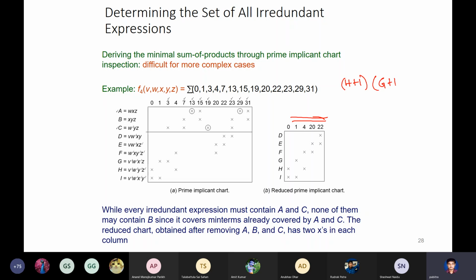G plus I. Column 4, F plus H. Column 20, E plus F. Column 22, D plus E. Can you tell me why I am connecting them by a product? Why am I producting them? Because all the min terms have to be covered.